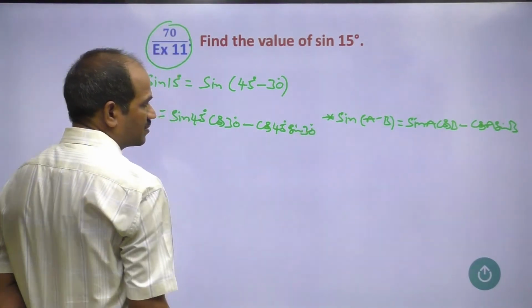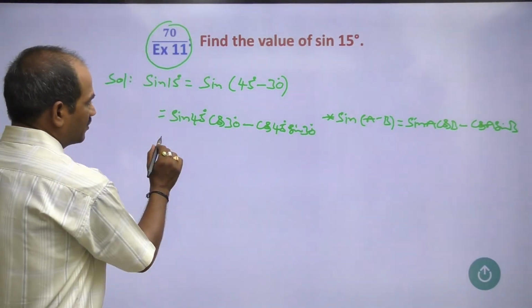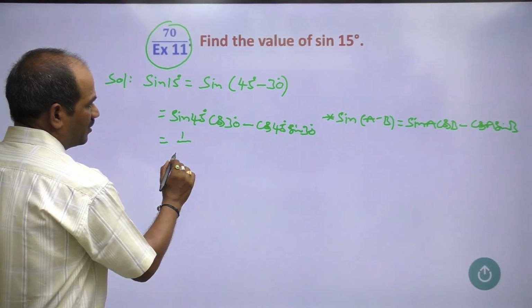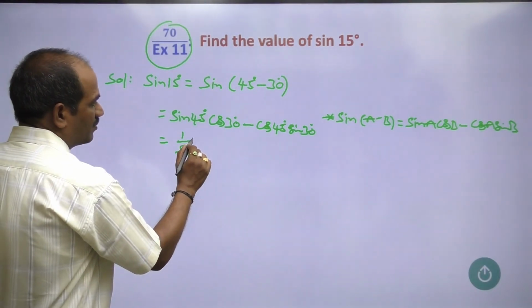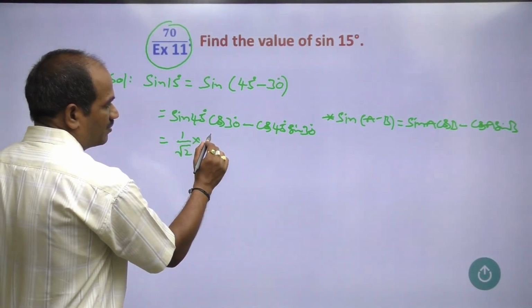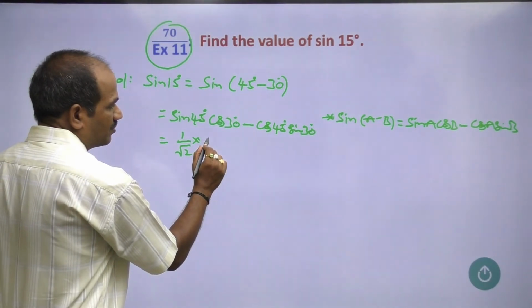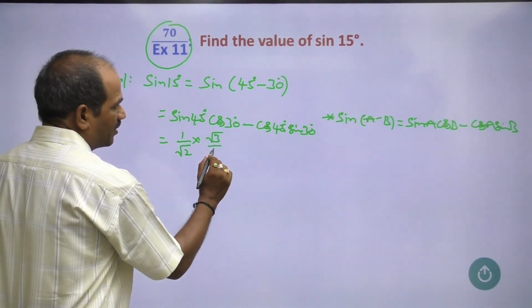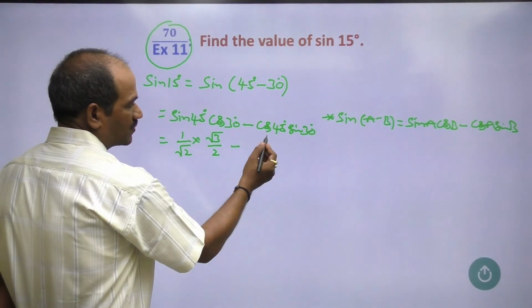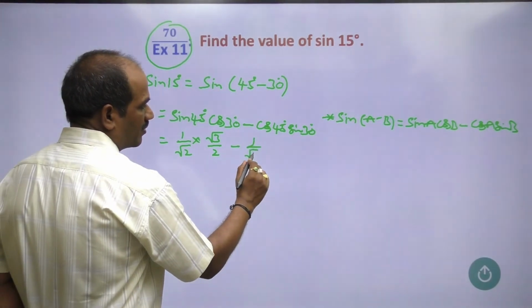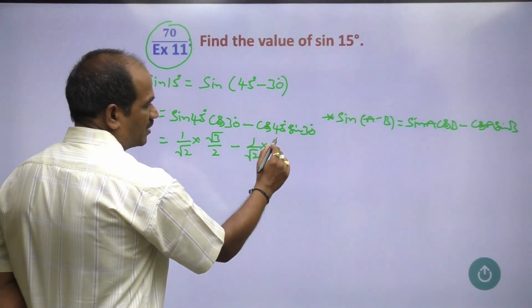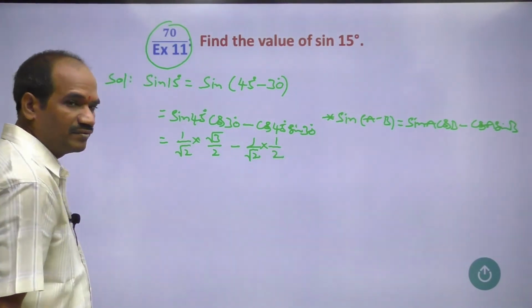Sine 45 degrees value is 1 by root 2, into cos 30, which is root 3 by 2, minus cos 45, which is 1 by root 2, into sin 30, which is 1 by 2.